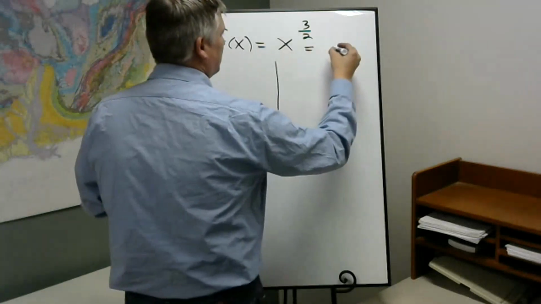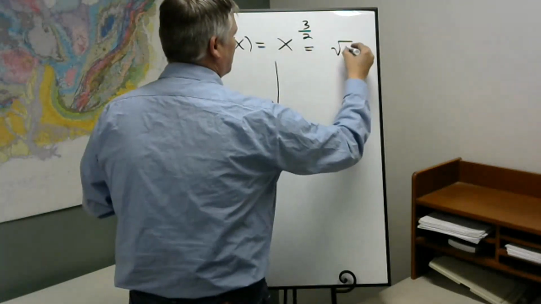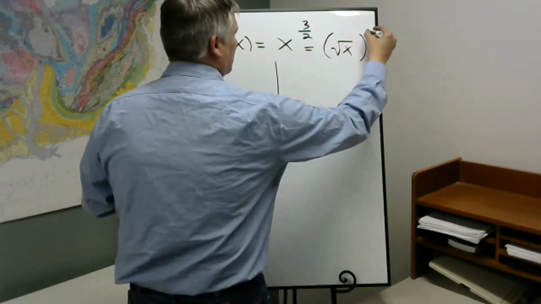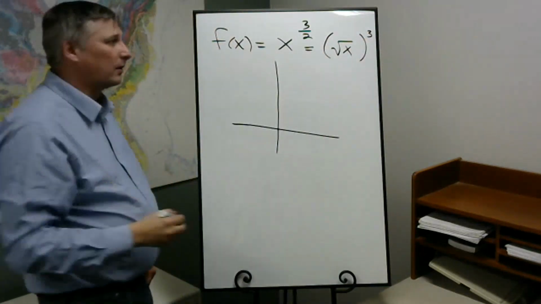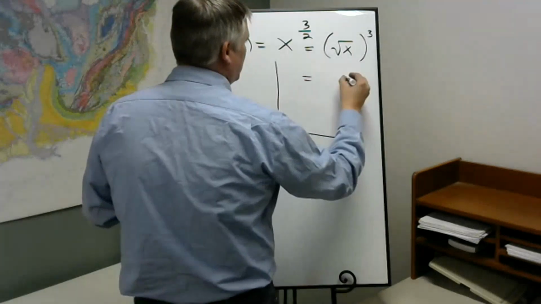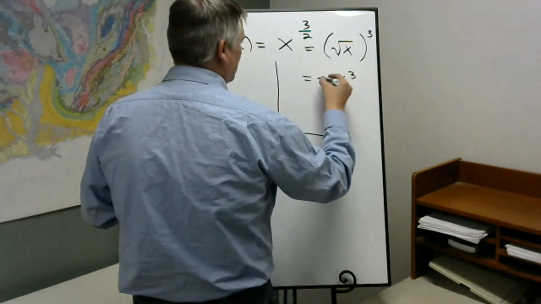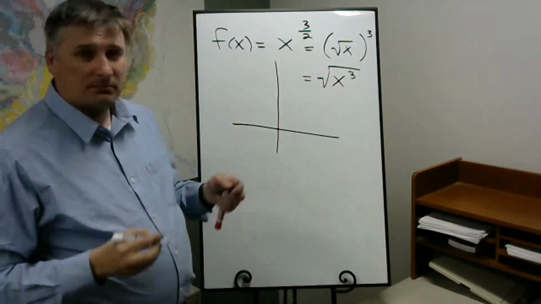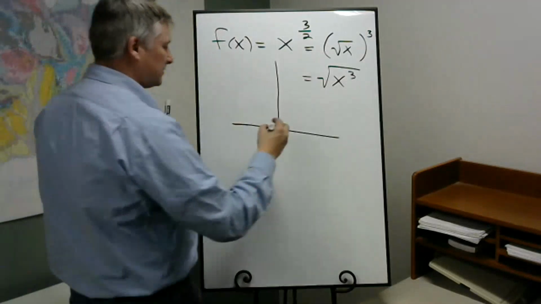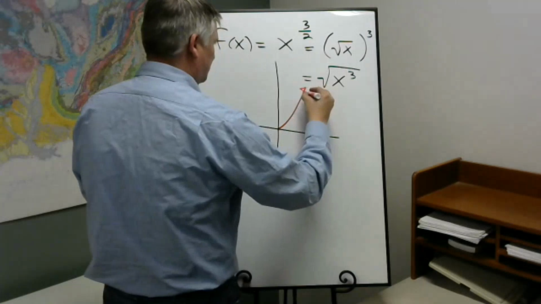So that means we're either dealing with the square root of x and then we're cubing it, or we're dealing with x cubed and we're square rooting it. Now, here, I'll draw what this looks like. It looks roughly like this.